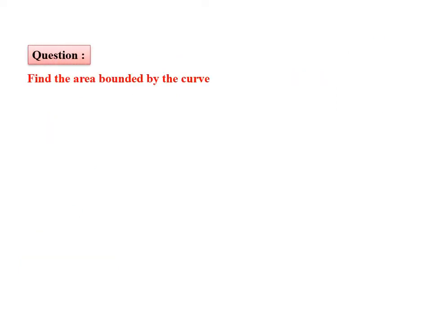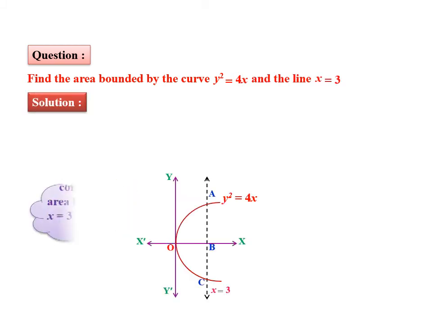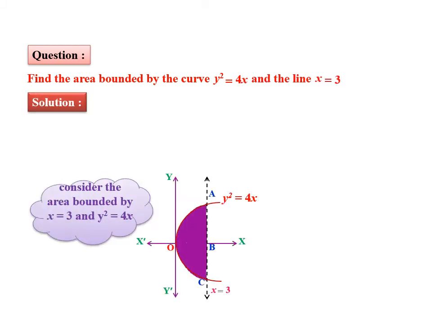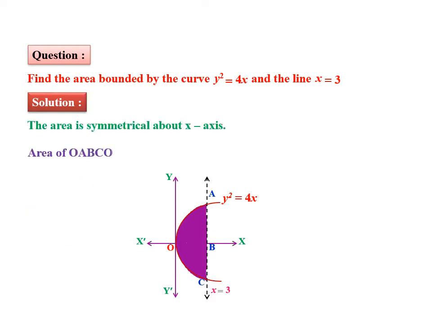Next example. Find the area bounded by the curve y square is equal to 4x and the line x is equal to 3. So consider the parabola opening towards the positive direction of the x-axis. Y square is equal to 4x is the curve. So the area between x is equal to 0 and x is equal to 3. The area is symmetric about the x-axis. So area OABCO is equal to 2 times the area in the first quadrant.